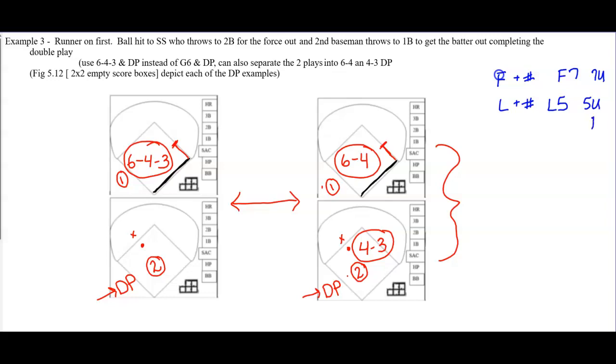Oftentimes the unassisted mark is indicative of there being a ground ball somewhere. And it can be confusing if you just say 7, the left fielder made an unassisted out. It would be a little confusing as to what happened. So I usually stick with still using the F's and the L's for our outs and going strictly with number to number when it's a ground ball out or a force out or something of that nature.